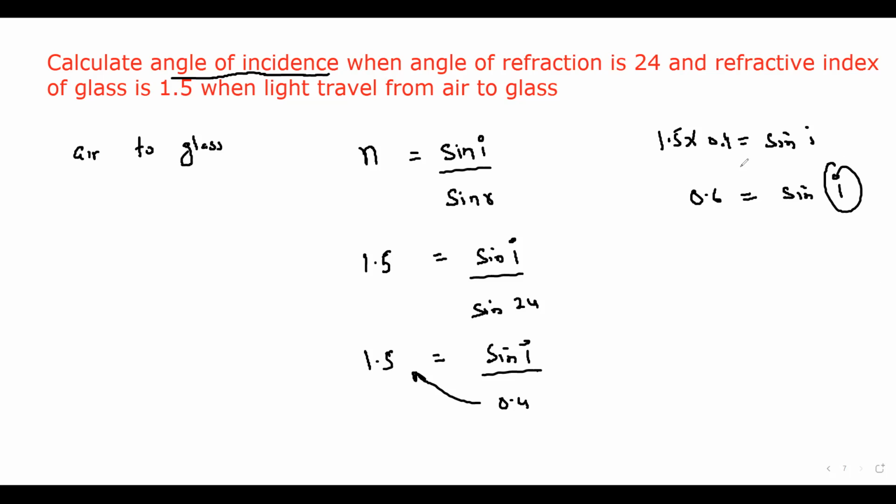If we need I, the sine will move to the other side and become sine inverse. So sine inverse 0.6 equals 36.8, or 36.9. That is the angle of incidence.